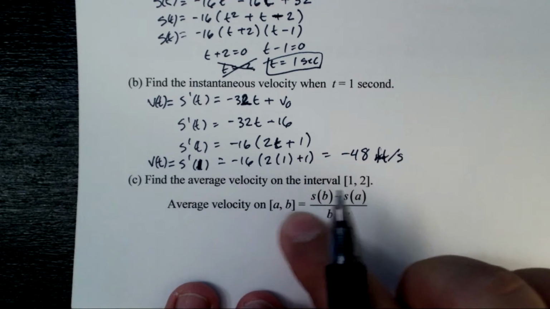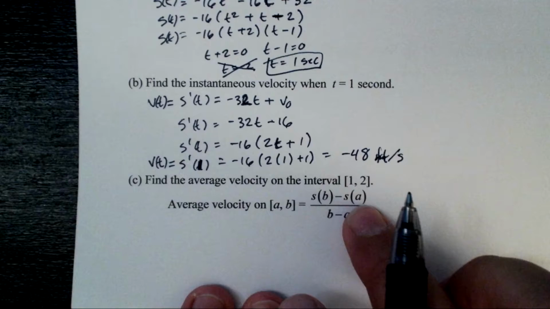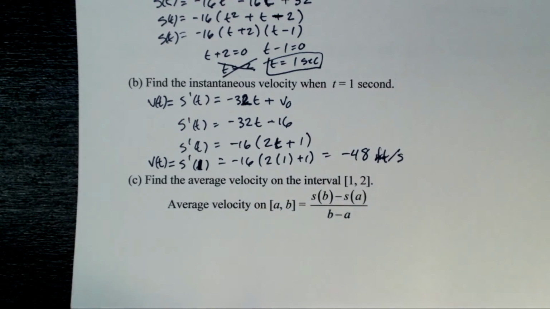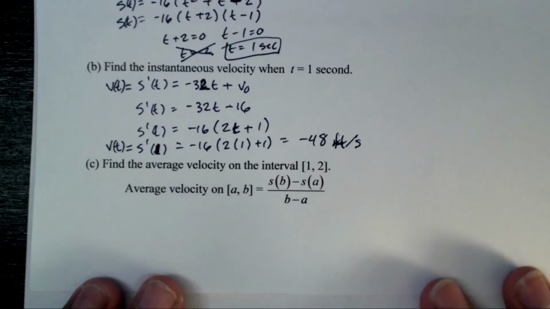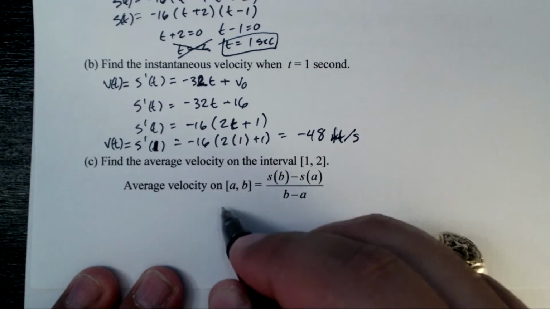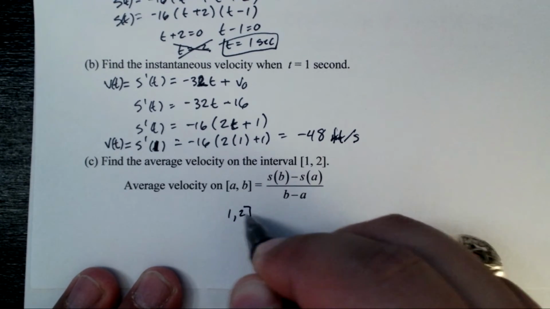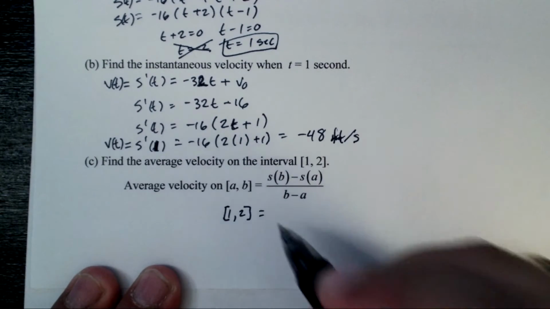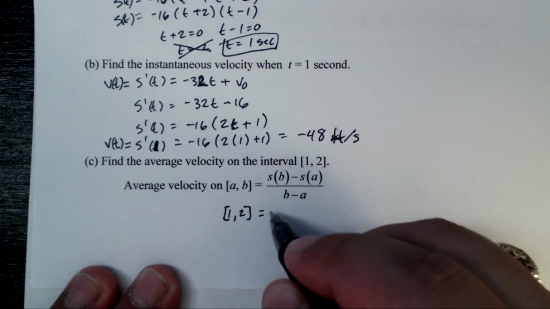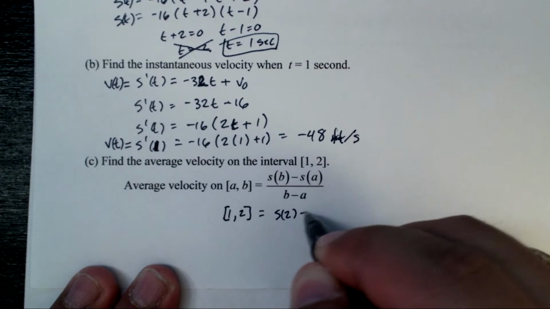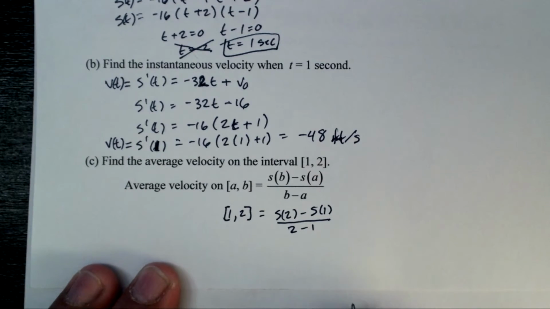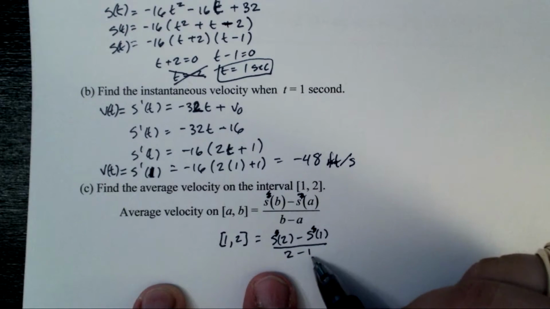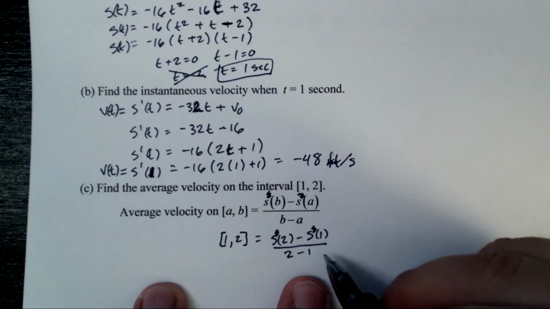Average rate of change on A to B is f of B minus f of A over B minus A. So if we're looking at 1 to 2, then we're looking at s of 2 minus s of 1 over 2 minus 1. So not s prime, just s.